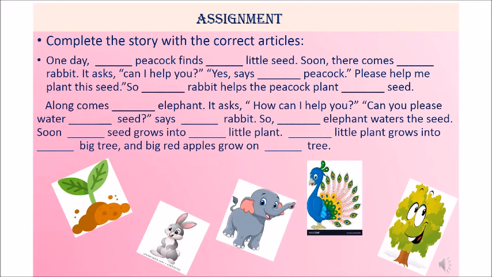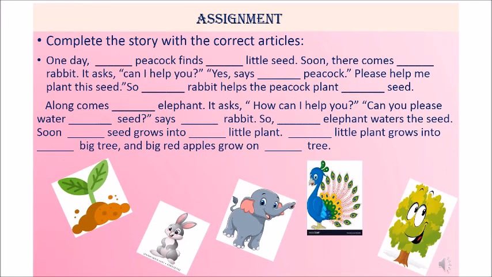This is a short story wherein you have to fill in all the blanks with the correct articles a and the. One day, dash peacock finds dash little seed. Soon there comes dash rabbit. It asks, "Can I help you?" "Yes," says dash peacock. "Please help me plant this seed." So dash rabbit helps the peacock plant dash seed.